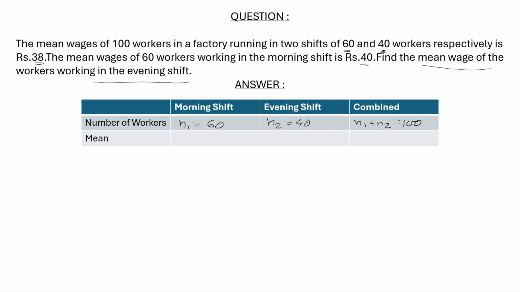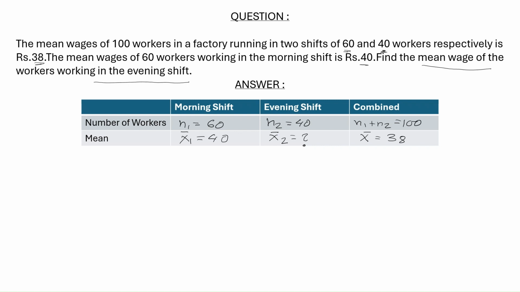Now the mean of the morning shift, let it be denoted by X bar 1, is given as 40, and the evening shift is denoted by X bar 2. This is not given, this is what we need to find out, and the total mean is given as 38.